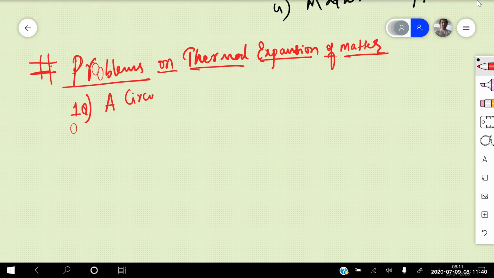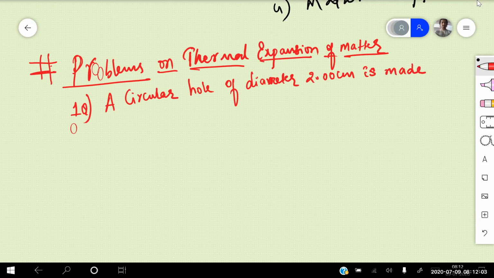A circular hole of diameter 2 centimeters is made in an aluminum plate at 0 degrees centigrade.